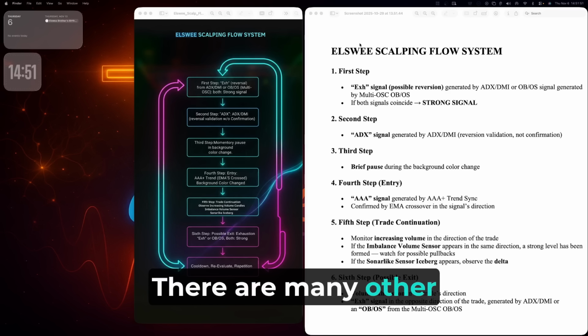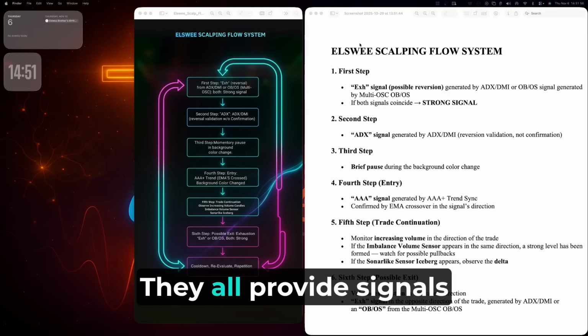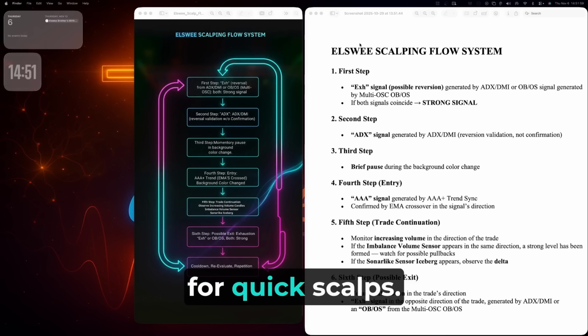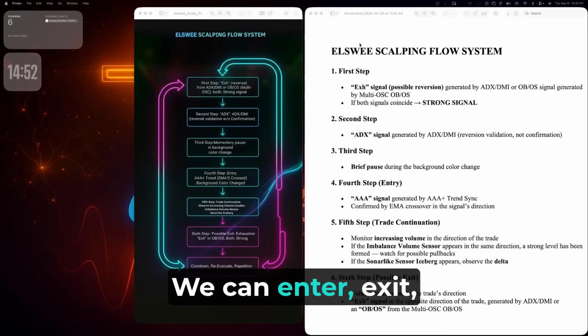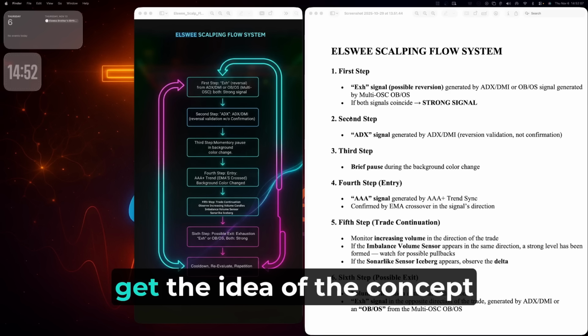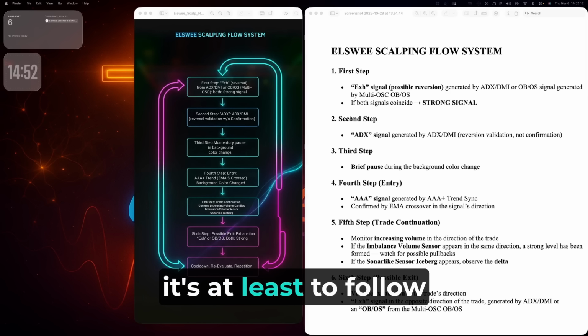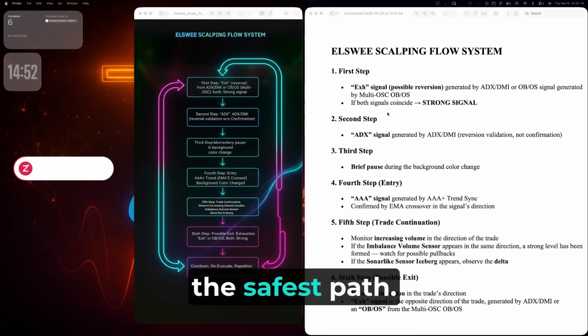There are many other alternatives. There are 5 or 6 indicators. They all provide signals for quick scalps. We can enter, exit, and continue, but basically, starting when you get the idea of the concept of this chart, it's at least to follow the safest path.